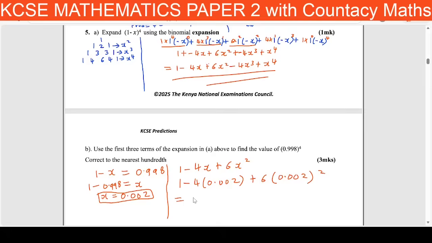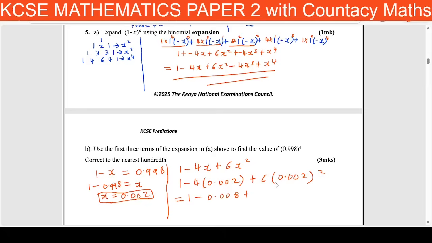So we go ahead and try to simplify this. So this is 1 minus 4 multiplied by this, which is 0.008, plus, this will be quite a larger number because it is 0.002 multiplied by itself, that is 0.00004, and then you multiply that by 6.